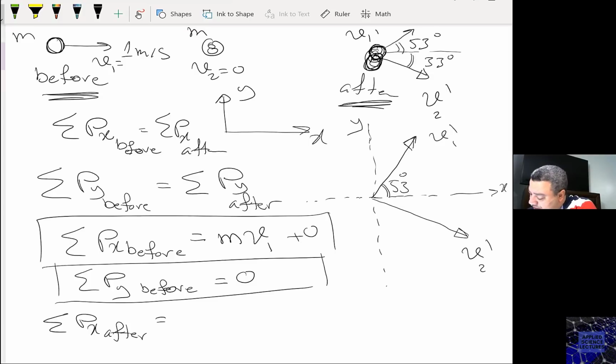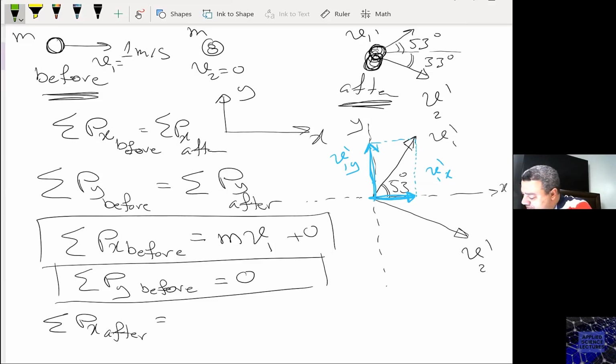If I project V1 prime on the x, it's going to give me this. This is V1 prime x. This is V1 prime y.